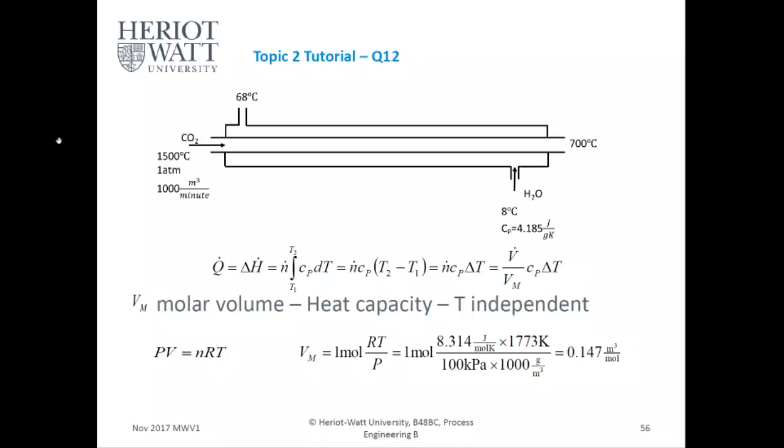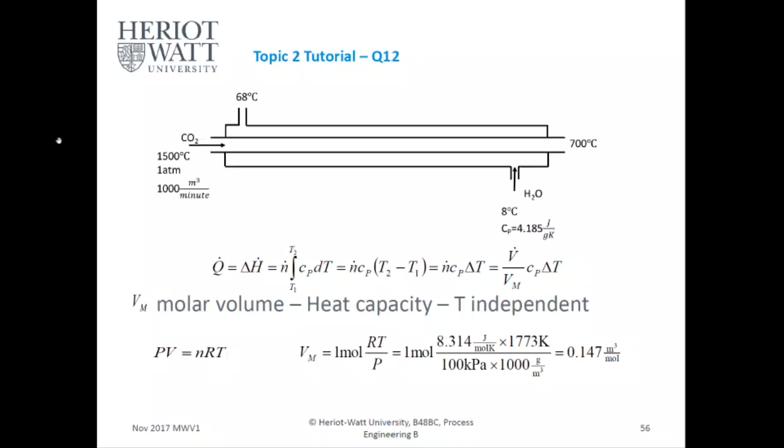So nCp(T2 minus T1) equals nCpΔT. And you calculate n from the volumetric flow rate over the molar volume, times CpΔT.